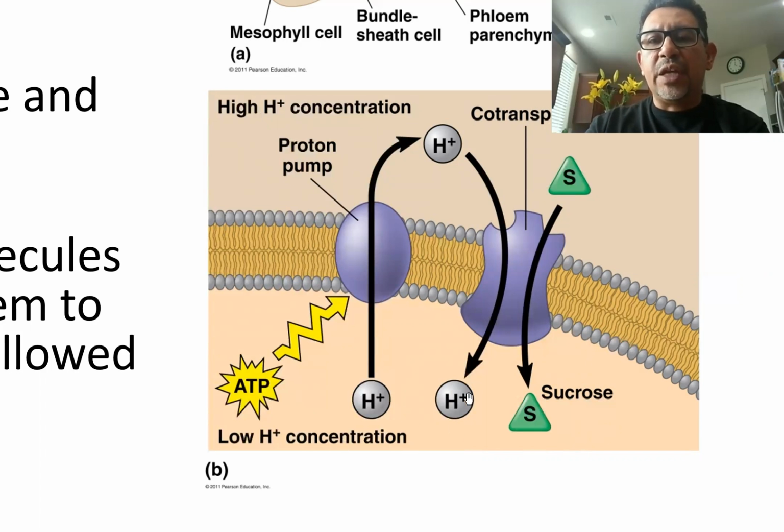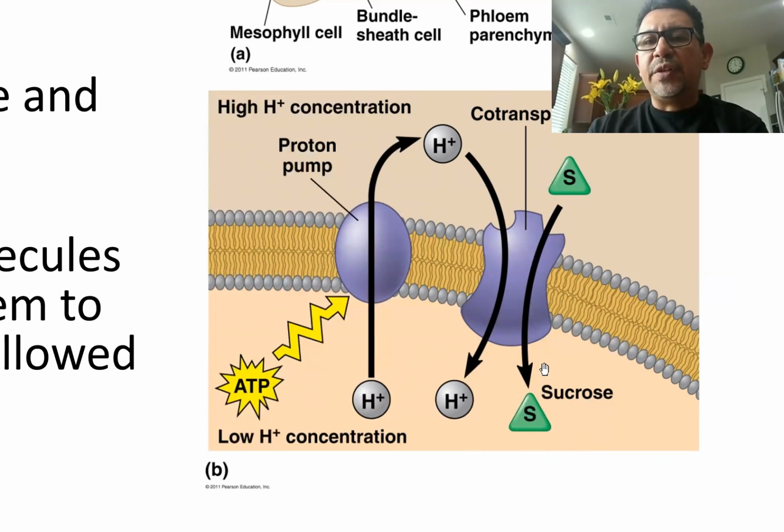down to low concentration. At the same time, this special transport protein that is allowing hydrogen ions to return back to a low concentration will also allow for sugars to be moving from low sugar concentration into a high sugar concentration.